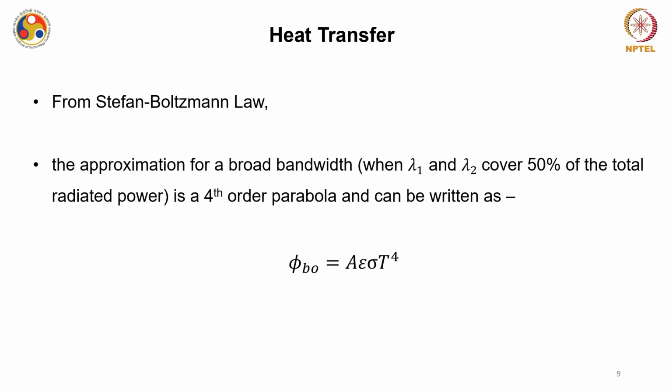From the Stefan-Boltzmann law, the approximation for the broad bandwidth, when lambda 1 and lambda 2 cover around 50% of the total radiated power, is a fourth order parabola, and it can be written as the radiant power phi b naught equal to A times epsilon, which was our emissivity, times sigma T to the power 4, right?